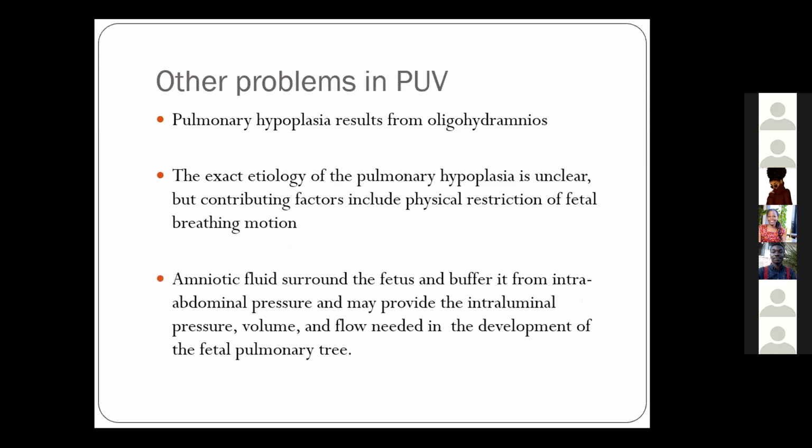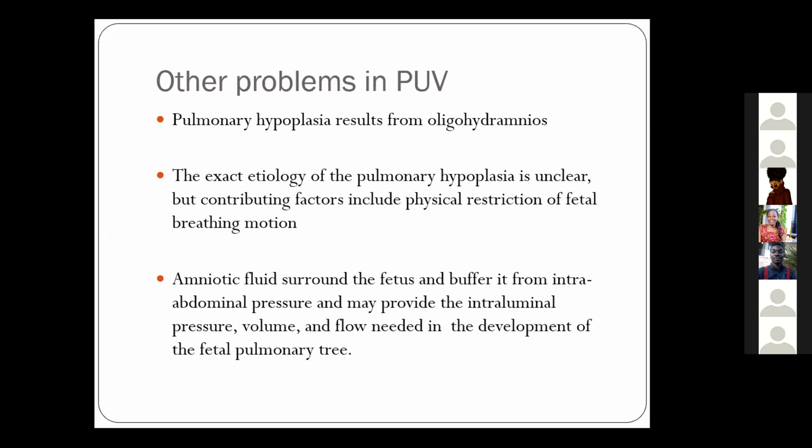Remember that when the urinary tract is not obstructed, then you have adequate amounts of amniotic fluid. And those adequate amounts of amniotic fluid help to cushion the baby. They give the baby chance to breathe very well and to be cushioned against pressure effects. And so when you have obstruction, that's how you end up with oligohydramnios. That's the connection. I hope that is clear.